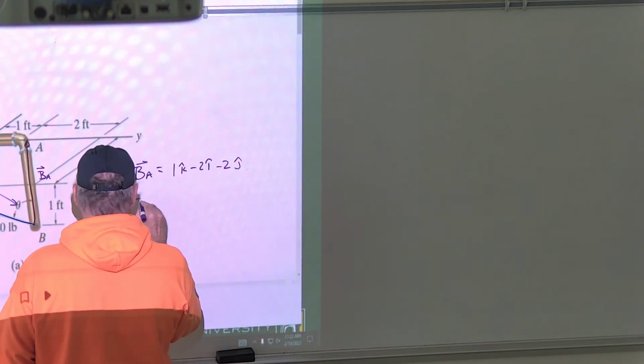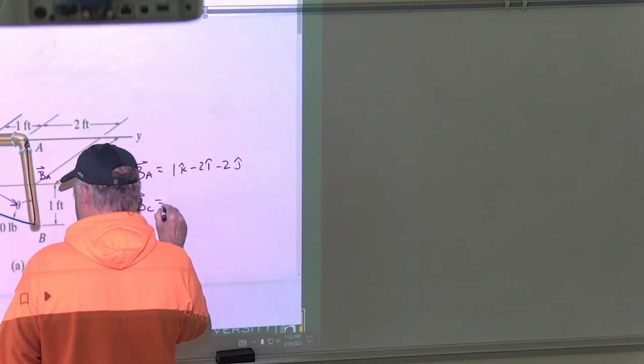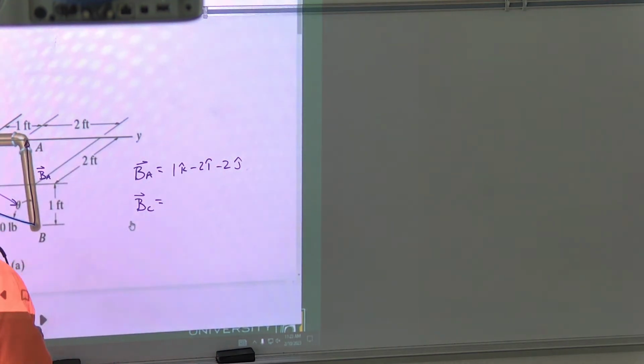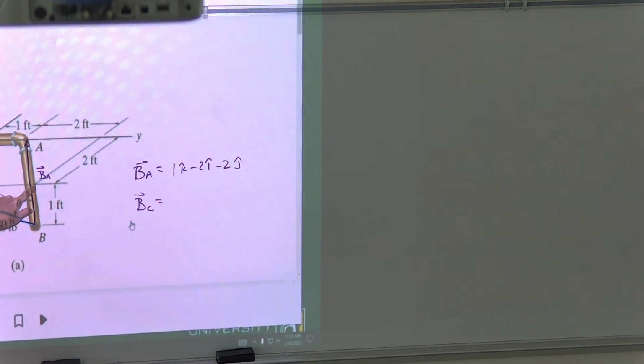Now, if I want to do B to C, okay, this will take me a minute. It looks to me, and I may be wrong, but it looks to me like they're saying the C line passes through the top of here, touches here, and it's touching these 2 points. So it looks like I need to come up 1, and then go down there 3.